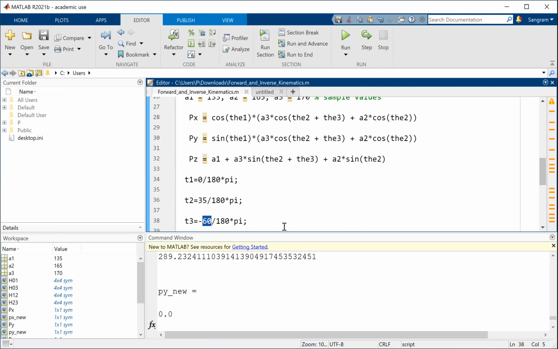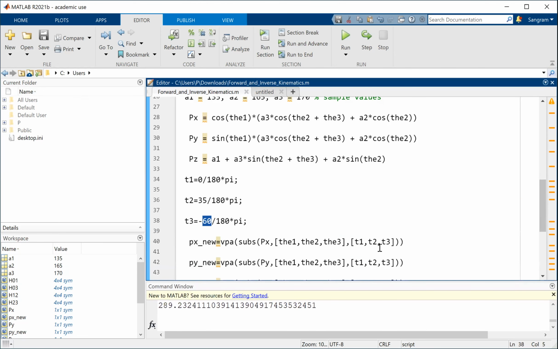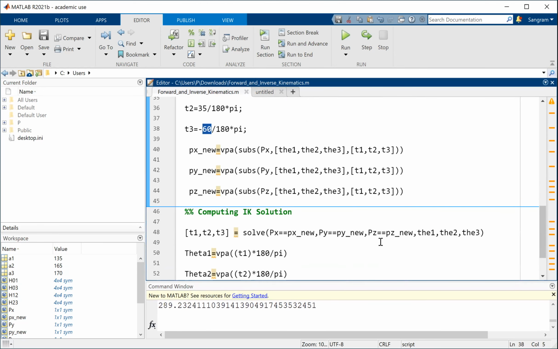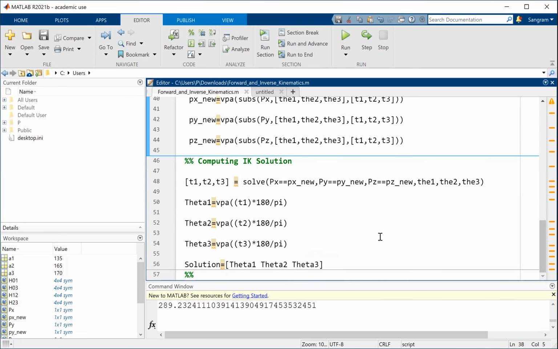Okay. Now, I'm not going to use these trig identities and this mathematical jugglery to solve inverse kinematics. I'm going to use the MATLAB solve function. This solve function is so smart that it will find the appropriate trig substitution, appropriate series substitution, and appropriate numerical solution to solve this equation.